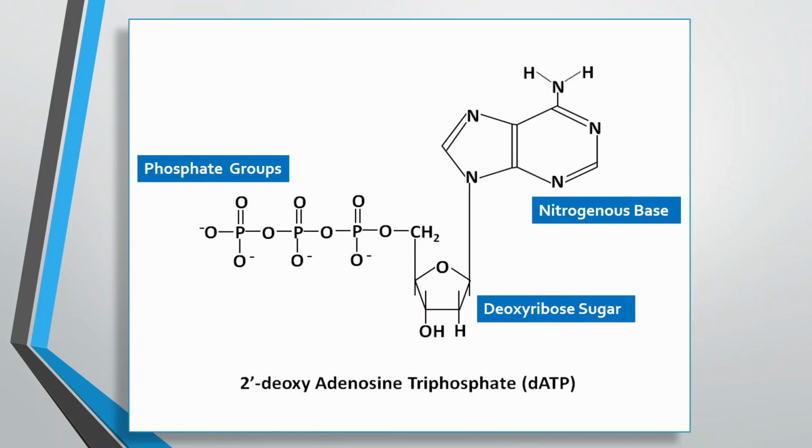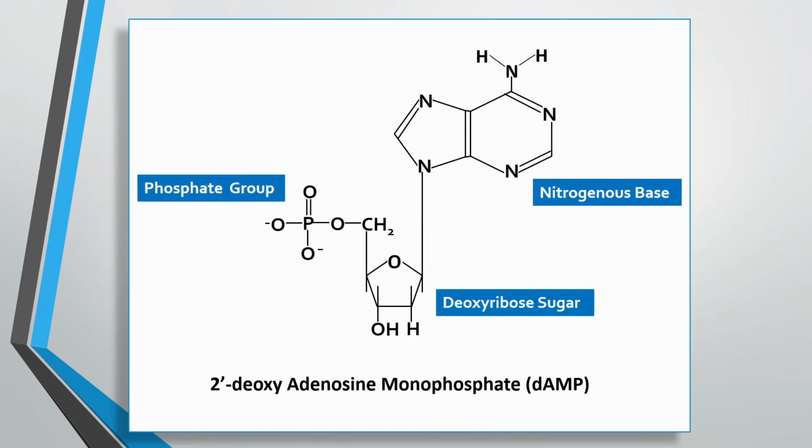A nucleotide can have 1 to 3 of these phosphate groups, and here's what it would look like if it had 3. See here, we got 1, 2, 3 of those groups, right? But when it's incorporated into DNA, it only has 1 phosphate group, like this guy does. And incidentally, this deoxyribose ring structure tells us how DNA got its name.